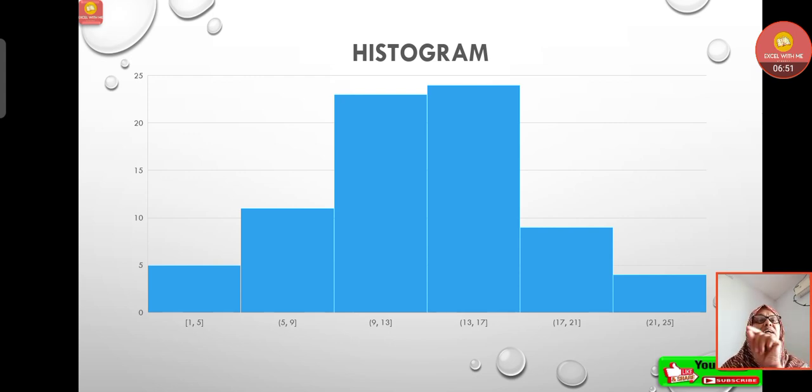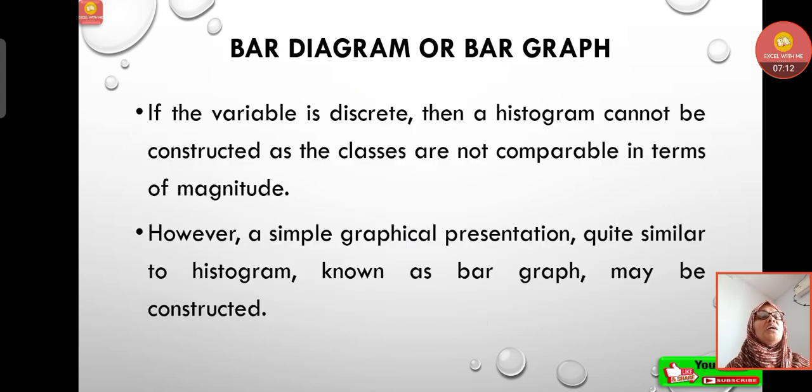Those boxes are the data where they lie. This is called a histogram. We can show them easily. We can take a particular student's graph, histogram, or the whole class, maybe 5th class to 7th class, like that. We can see the difference of the performance or achievement, whatever we want to see.